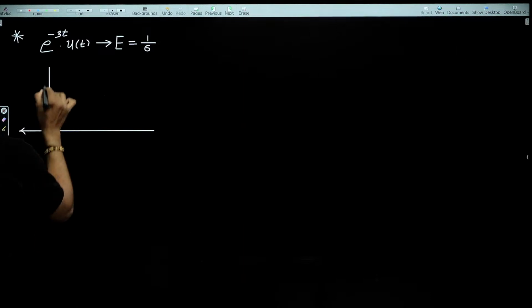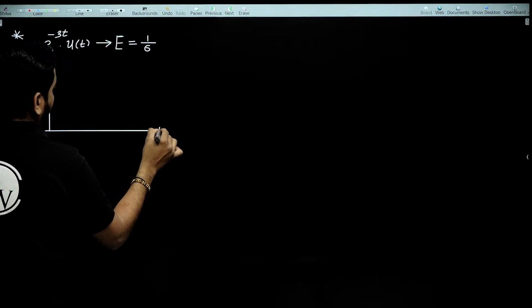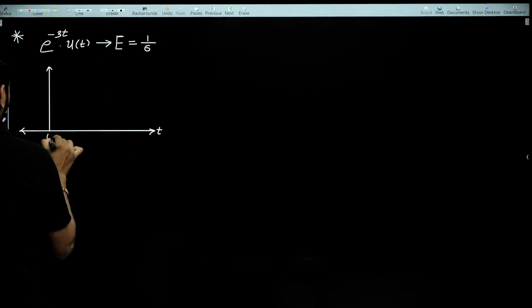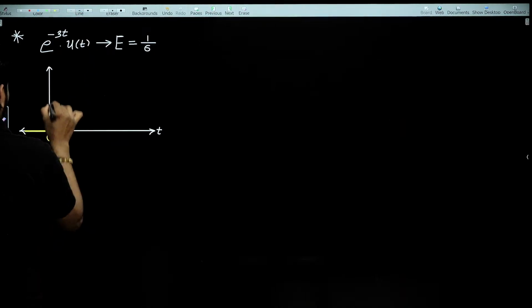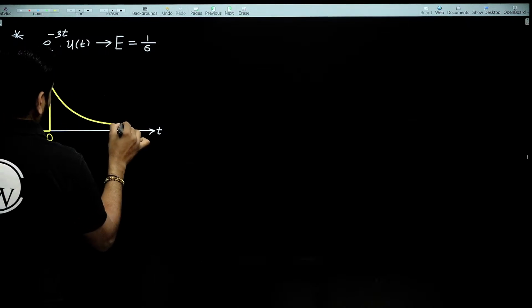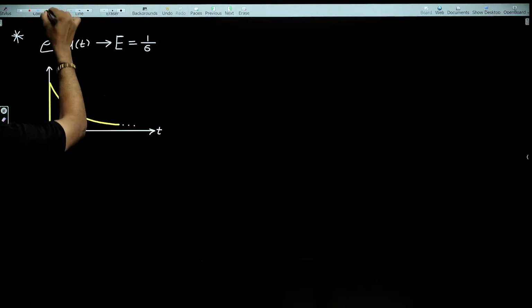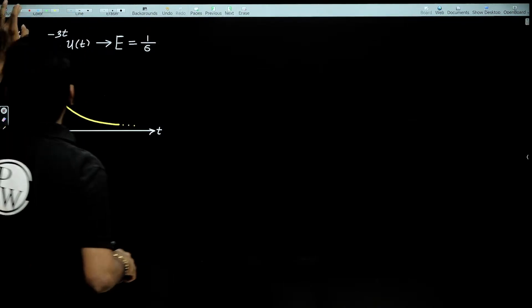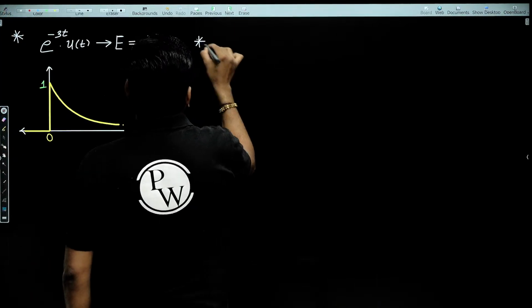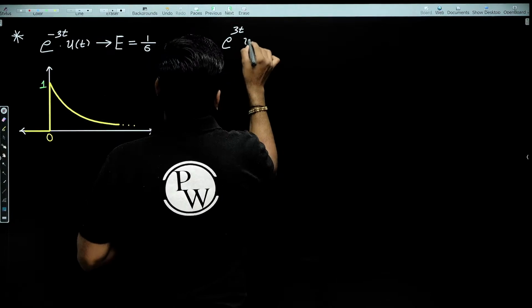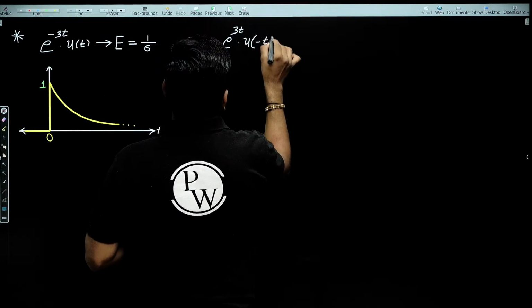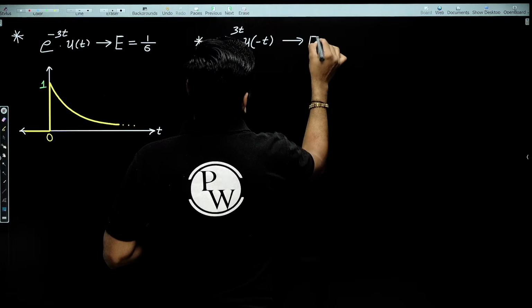If you perform the time reversal in this signal, then tell me, is there any change in the energy? Time reversal operation. Now here, time reversal t becomes minus t.